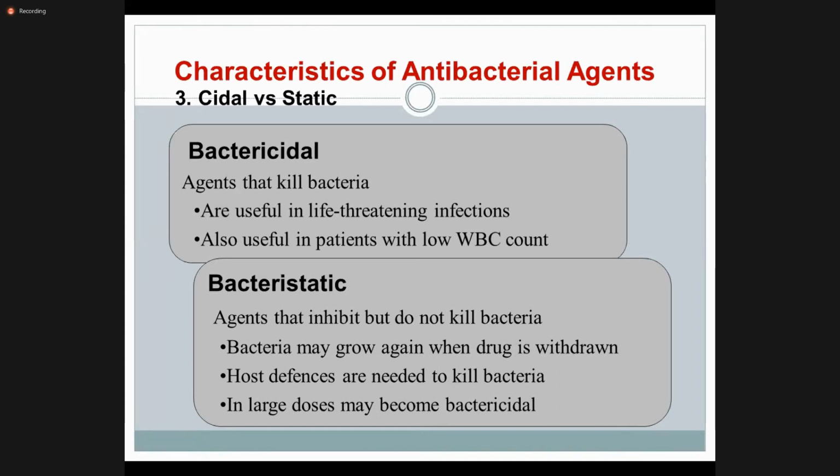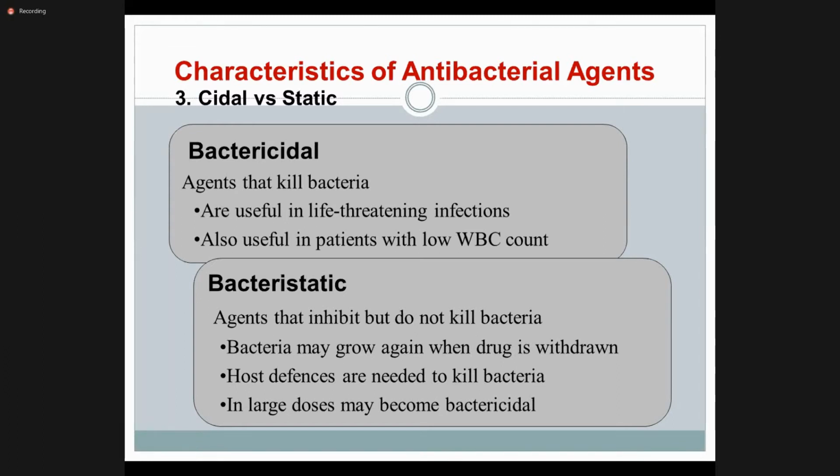So in that situation, we cannot use a bacteriostatic drug, because a bacteriostatic drug requires the host defense mechanism as well, as it only inhibits the further multiplication of microorganism. But the microorganisms which already exist, how are they going to be destroyed, right? So in that situation, that is why we commonly use a bactericidal drug, right?